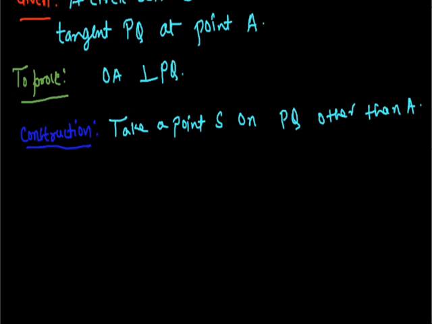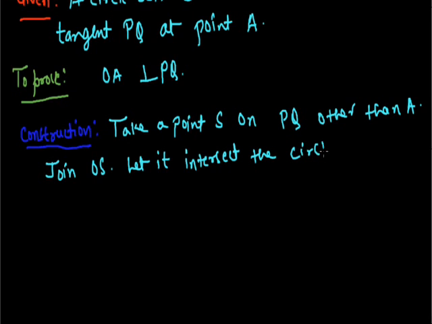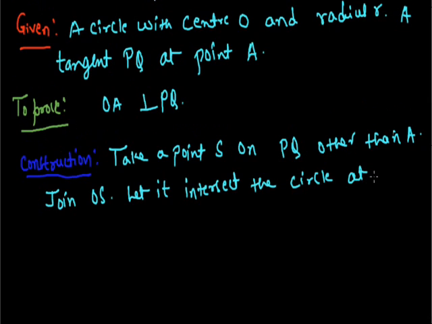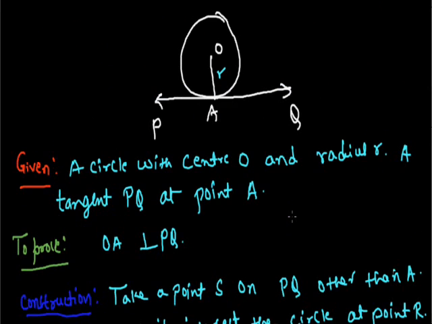Take a point S on PQ other than A. Join OS. Let it intersect the circle at point R, like this. Take point S, join OS, let it intersect the circle at point R.